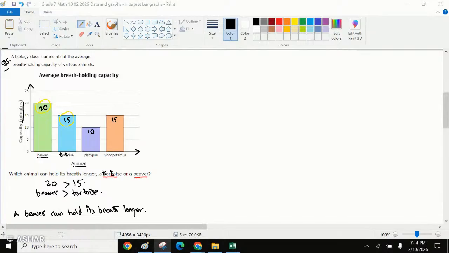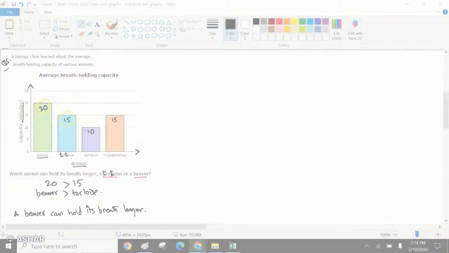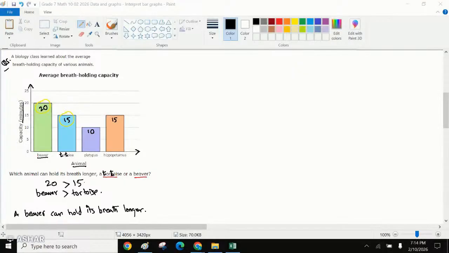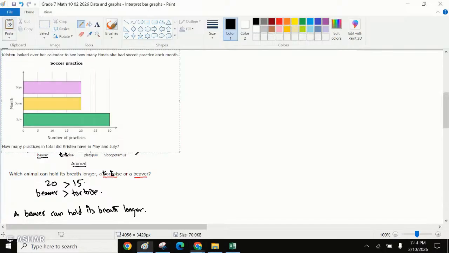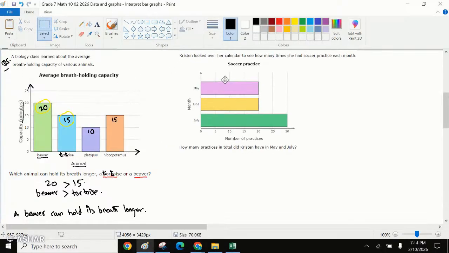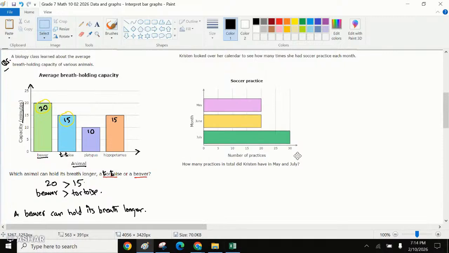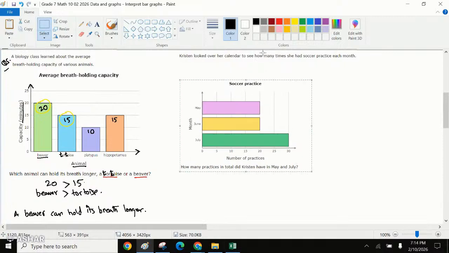The next question is about a soccer practice and they're comparing several months. In this question, what they're telling us is Kristen looked over her calendar to see how many times did she practice soccer in a given month.